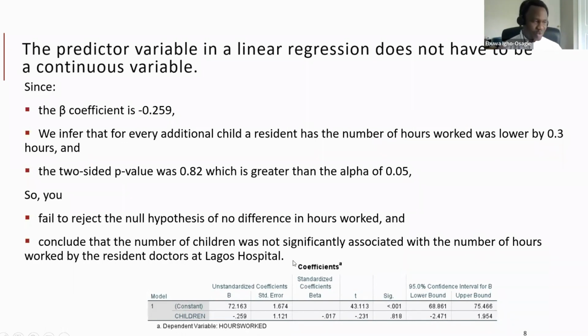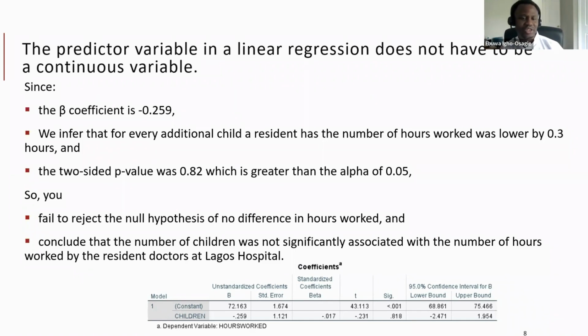So remember what we're talking about, predictors. If you were an employer, and of course this is against the law, or should be, but let's just use it as a bad example. If you were a hospital administrator and you wanted to employ residents, and you say, Dr. So-and-so, you have 10 children or 5 children, and so we don't think you will be able to keep up in this hospital.